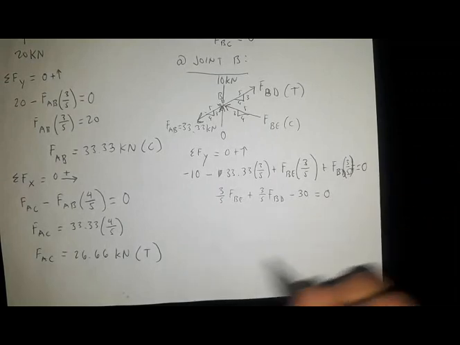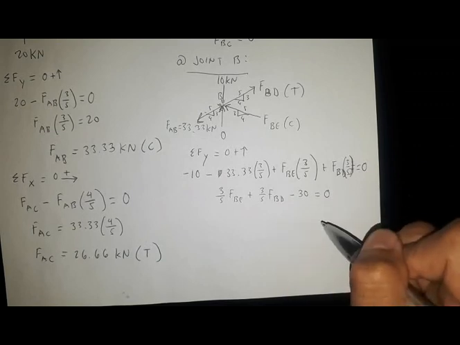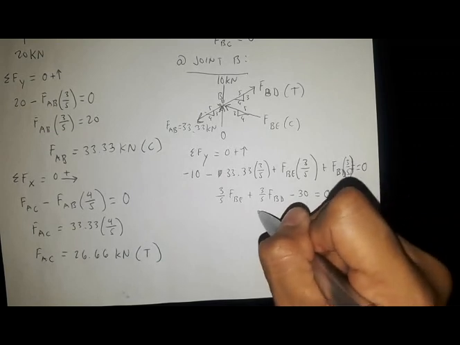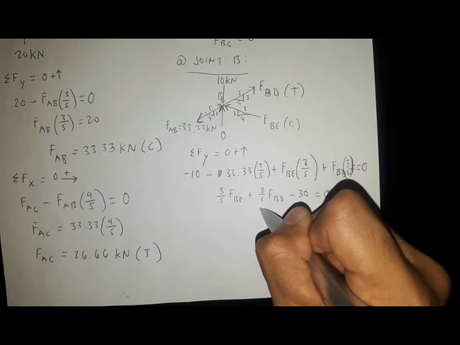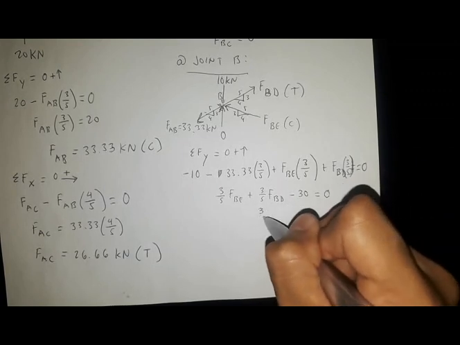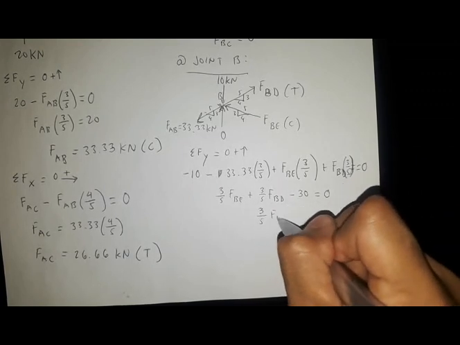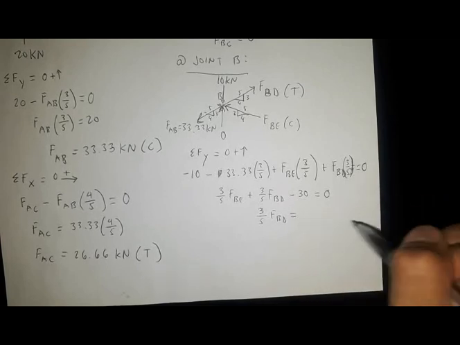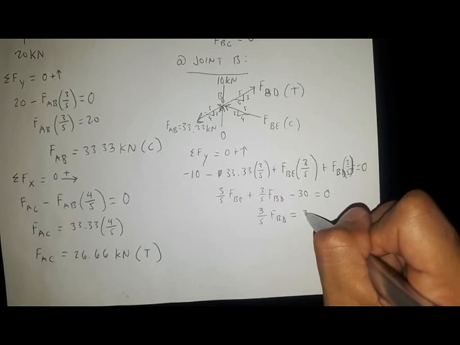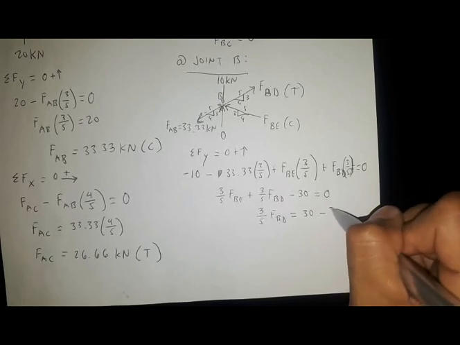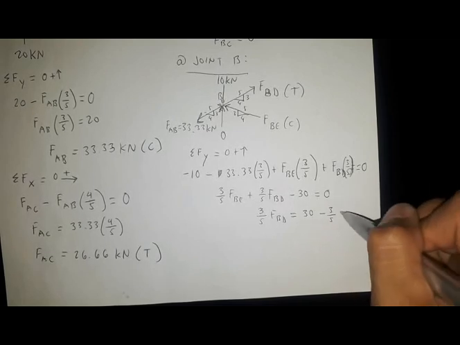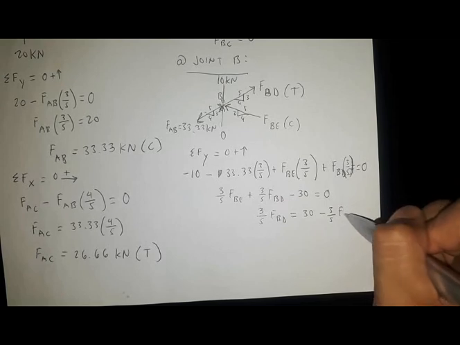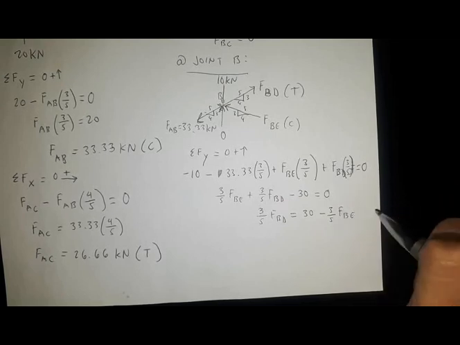So we have 3/5 FBD equals 30 minus 3/5 FBE.